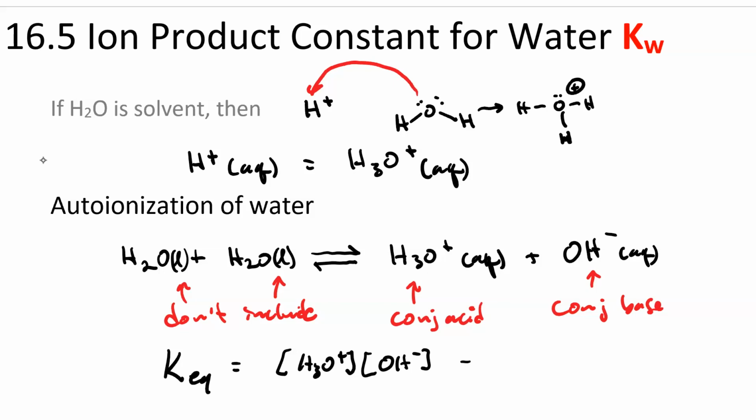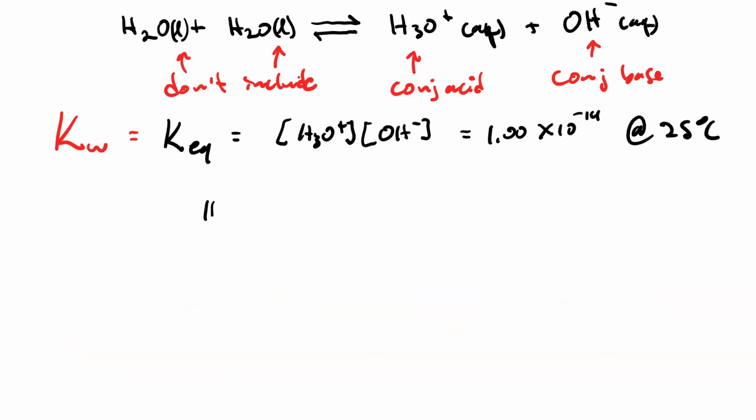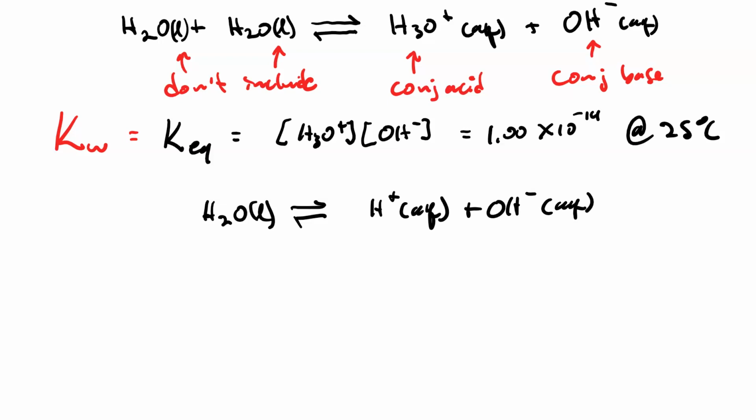And the value of that KEQ is 1.00 times 10 to the negative 14th at 25 degrees Celsius. And since this is for the ionization of water, we call it Kw. We could also write 1 molecule of H2O liquid becomes H plus aq plus OH minus aq.